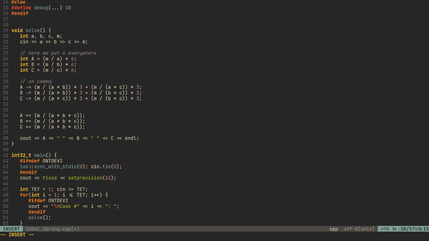On common places we removed 6 and put 3, but where B and C both are there, what did we do?